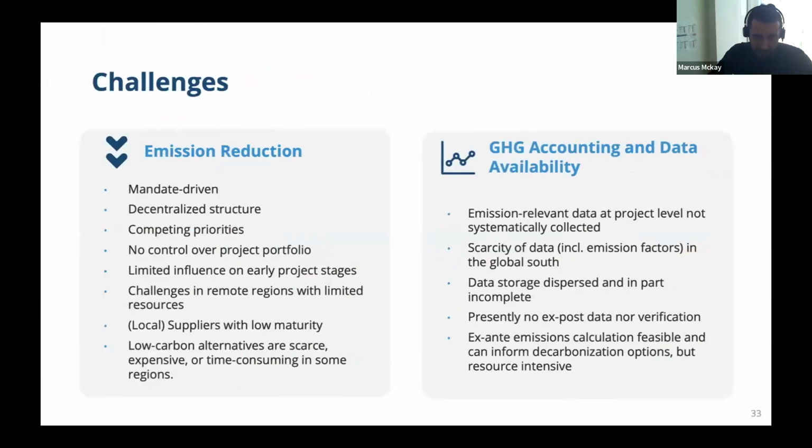I'm moving through these quite quickly because I can see my time is running, so I apologize. I just want to touch on a couple of the challenges. We've got challenges due to our very broad mandate. The fact that we can't forecast what type of categories or catalog we're working on. Our decentralized structure is also a huge challenge for us. And depending on the scale and the size of the project, it also influences our ability to have an influence.